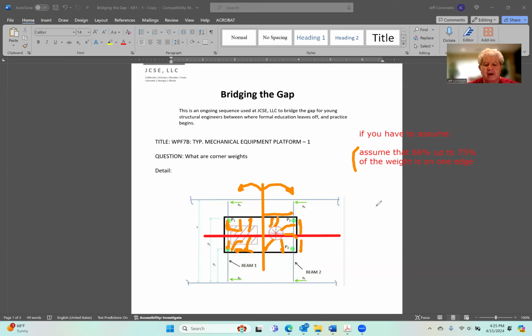Let me see if I can erase this. Okay, so I'm erasing this so that we can keep that rule of thumb.